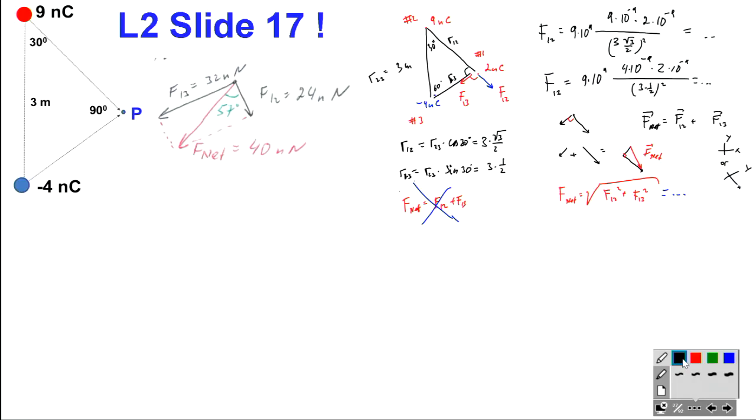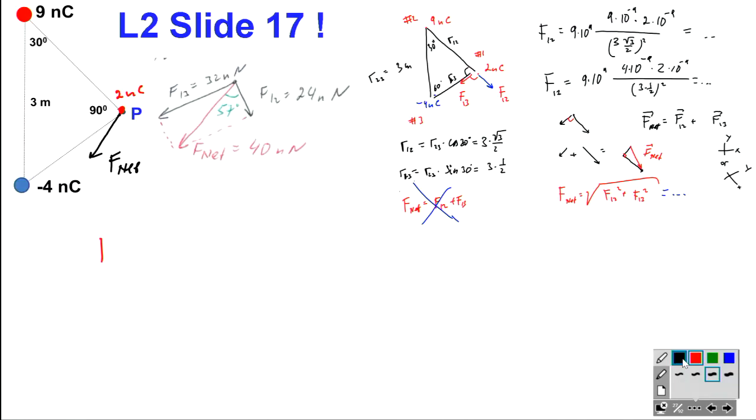And now, if we know the net force acting on a charge, we can just apply the definition of electric field. Right here, there is a force acting on the charge of 2 nanocoulombs.